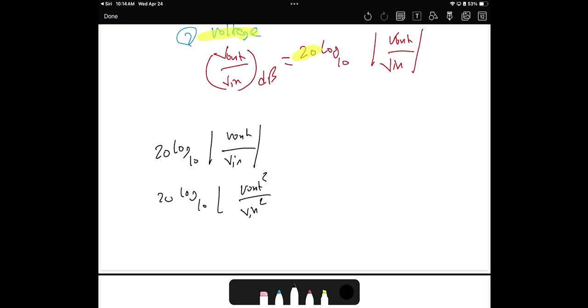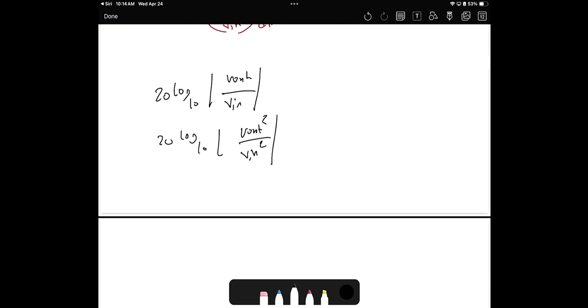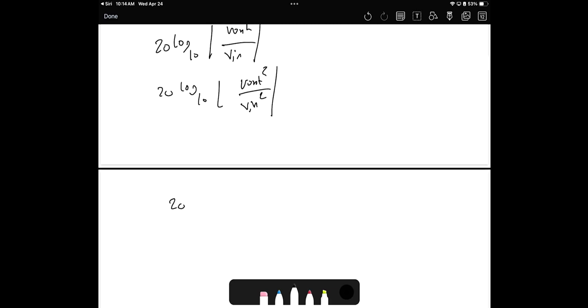I'm just squaring everything. Okay? Then after you take the square, you can divide each part by R. So the next thing I will say is 20 log 10 V out squared over R divided by Vin squared over R.